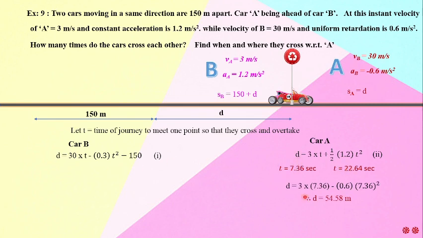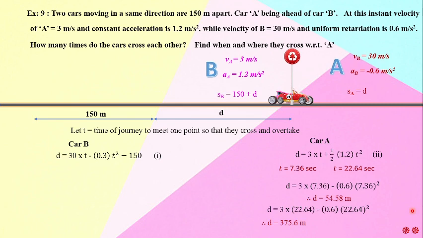So here I have taken equation number 2 and I have substituted the value. You can substitute in either equation number 1 or 2, you will get the same values. So at T equal to 7.36, I got D equal to 54.58 meter, and at T equal to 22.64 second, I got D equal to 375.6 meter.